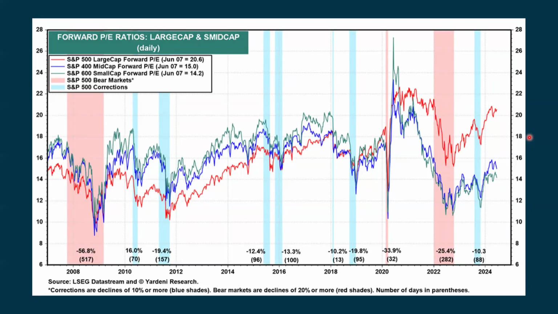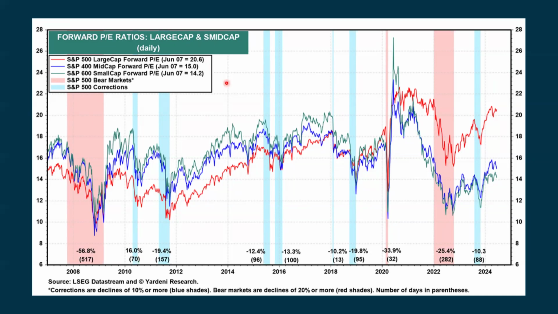This is projections made by analysts and forecasts of what they think stocks will earn looking forward, and then compares them to current price. The red line here is the forward-looking PE ratio for the S&P, and we're a little bit above that 20 level at 20.6. So even looking into the future, we're still a little bit over that 20 level, so we are expensive.